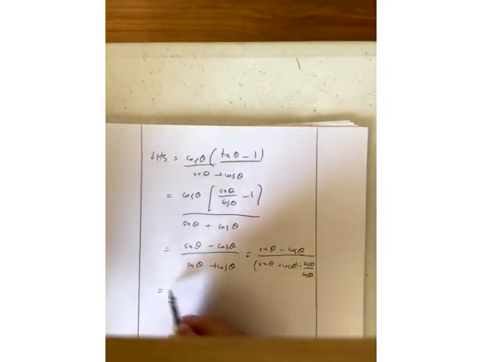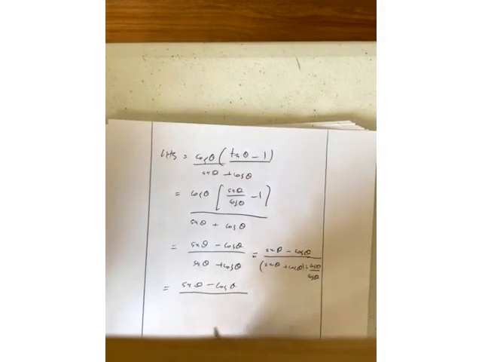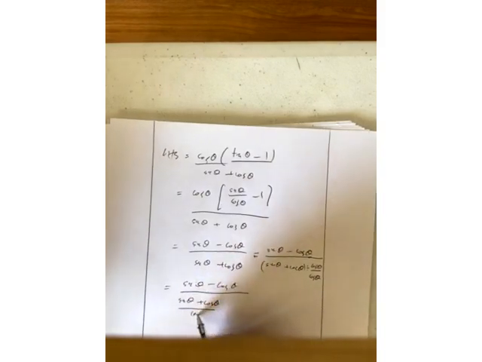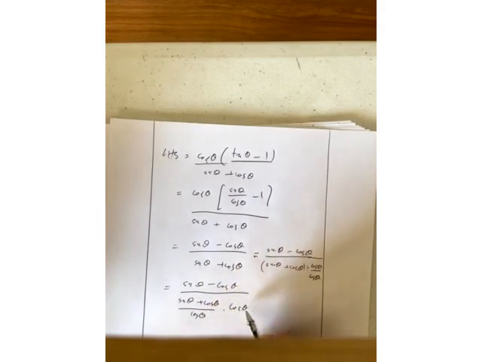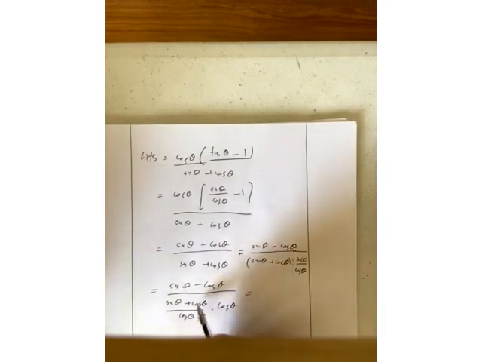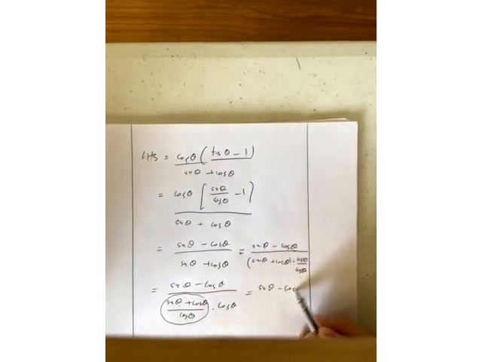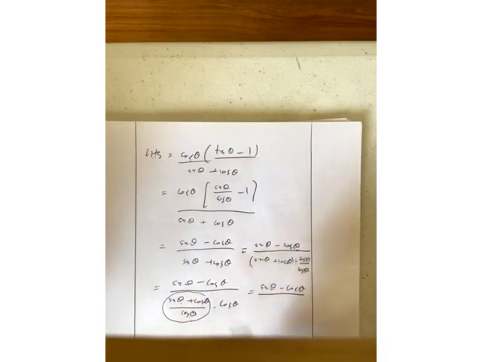So basically you have sine theta minus cos theta all over sine theta plus cos theta divided by cos theta, and you have a cos theta over here. So you split this up. There's your ABC. And then sine theta on cos theta is tan theta. So the sine theta minus cos theta. And cos theta on cos theta is 1. So there's your tan theta plus 1. And that's your cos theta. And that's basically the right-hand side also.